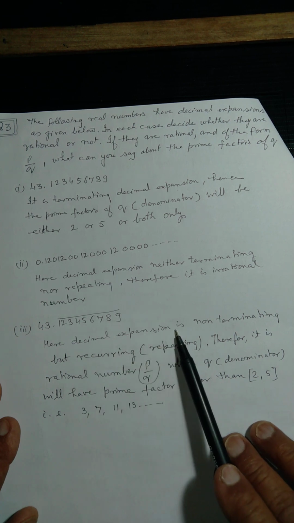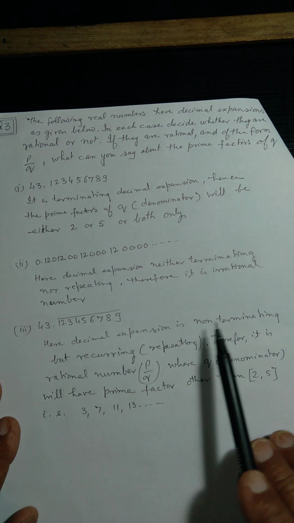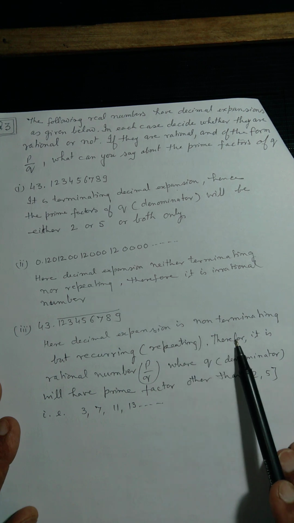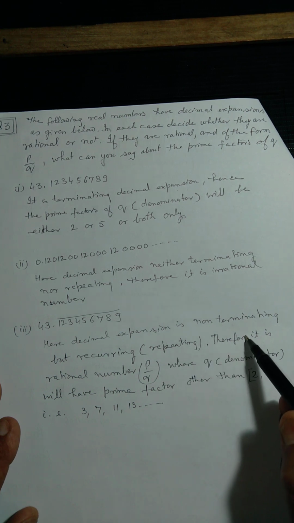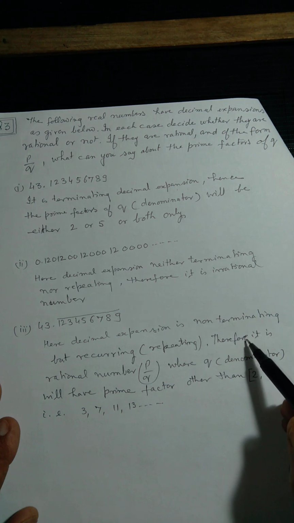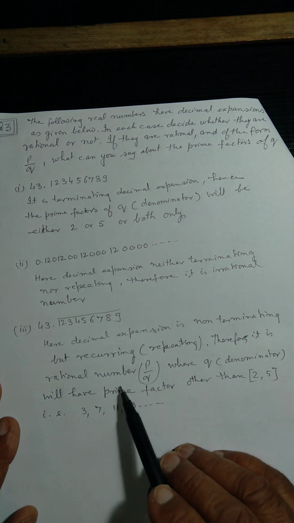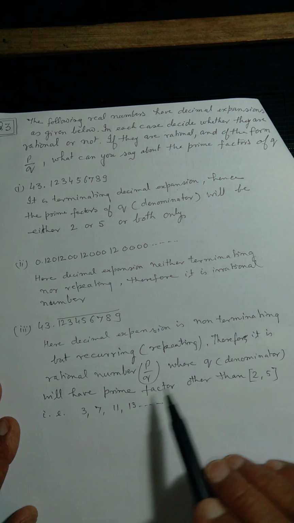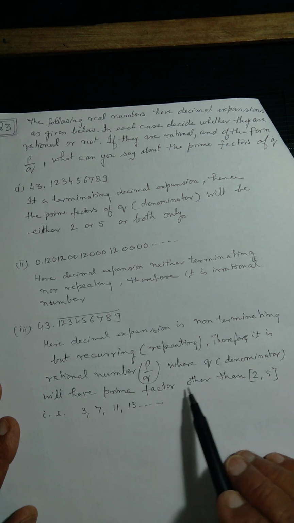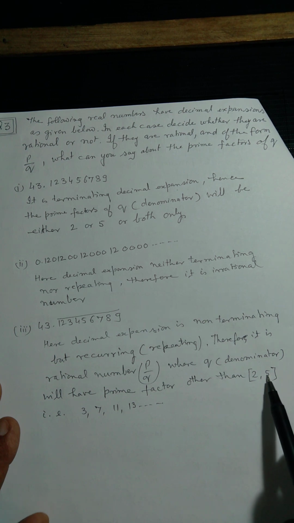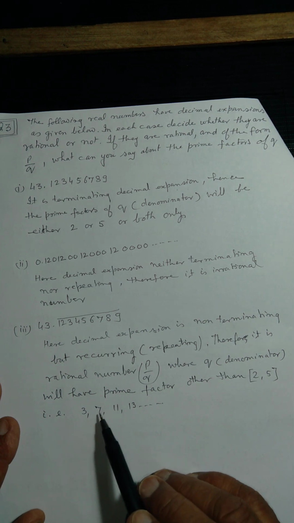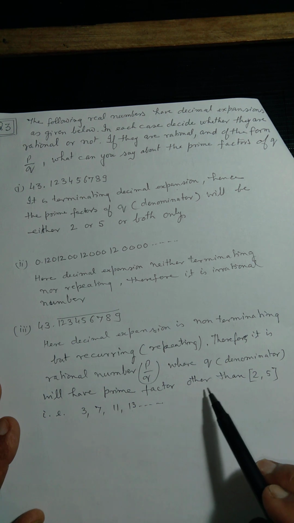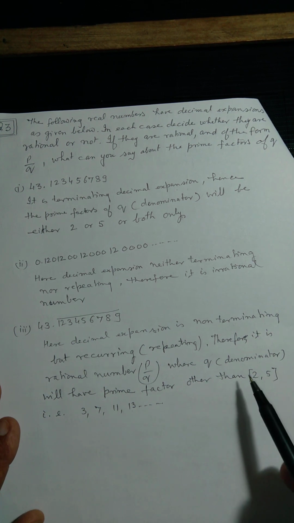Here the decimal expansion is non-terminating but recurring, in bracket I have mentioned repeating. Therefore it is a rational number p by q, where the denominator q will have prime factors other than 2 and 5. That is, it may be 3, 7, 11, 13 and so on. That's all.